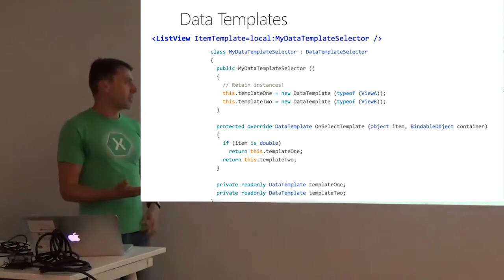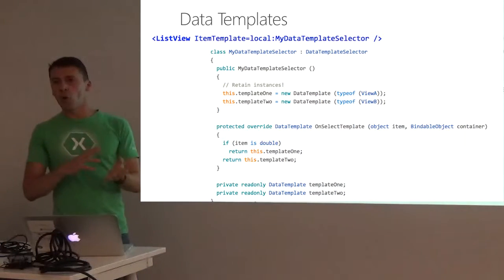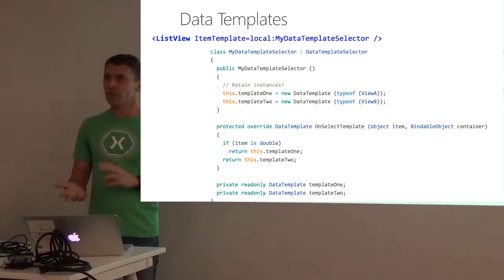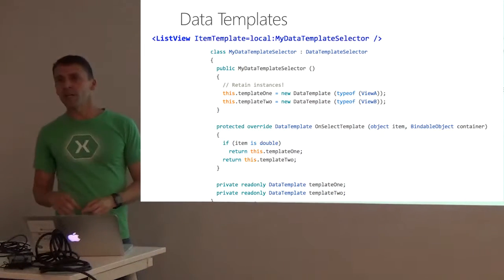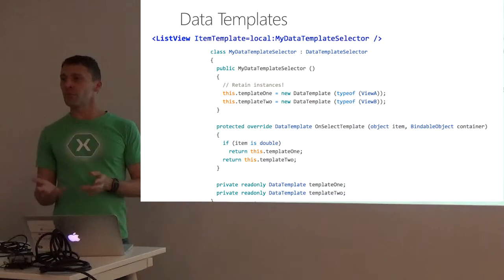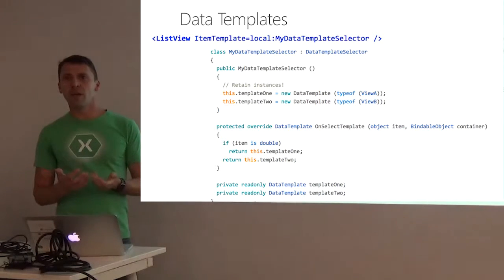So at the simplest level, you could have an alternating thing where it goes odd even, or in the example that we've got on the website, it's actually just choosing to display it in a different color based on some value in the control.